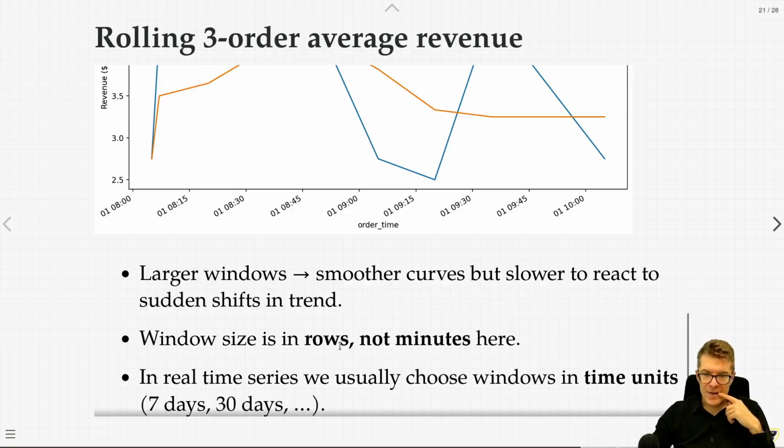In real time series, it matters because you might want to understand temporal dynamics a little bit better. So you might not want a window that only looks at individual orders and is that rigid, because the number of orders can rise and fall drastically over time.